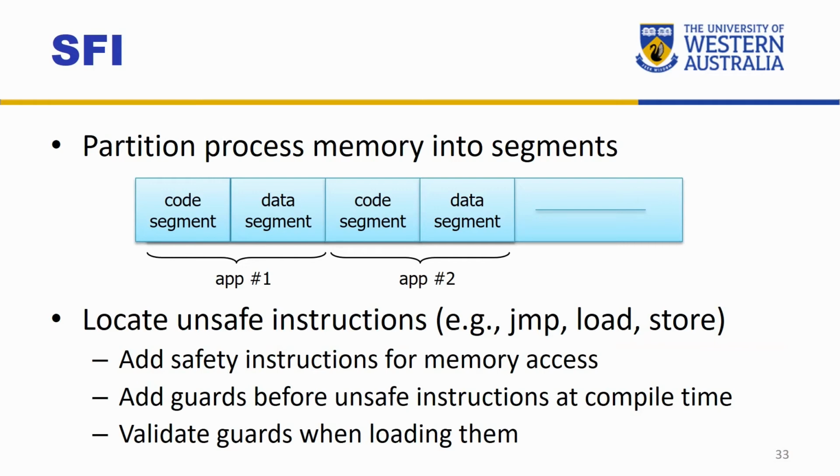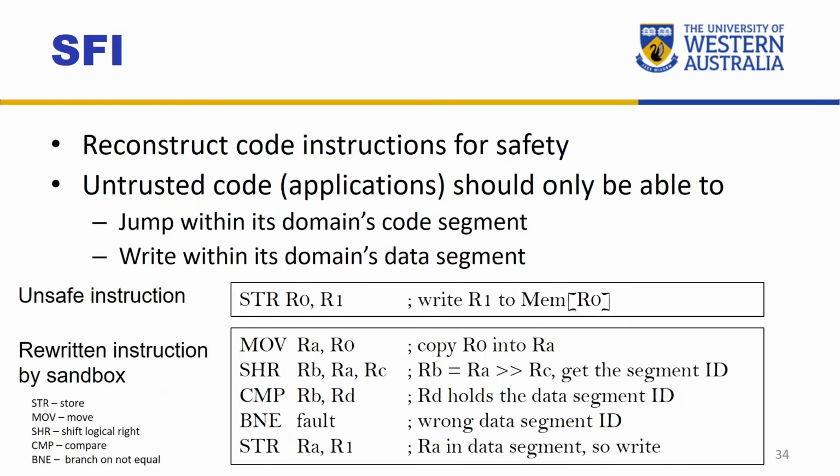So we want to add safety instructions for the memory access and add guards before unsafe instructions at compile time. So when the code gets compiled, those guards are added so that they will be in place prior to running the code segment, and we can validate the guards when loading those applications.